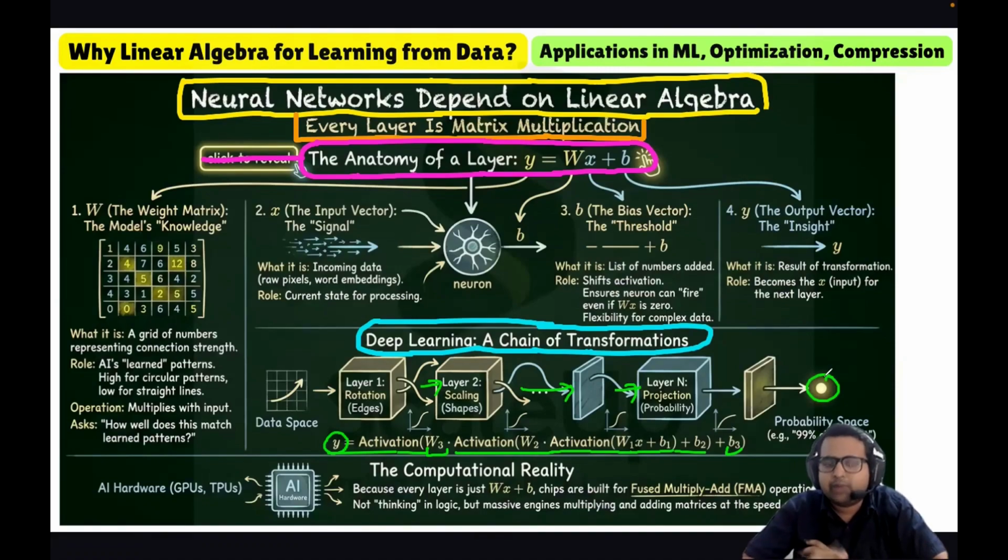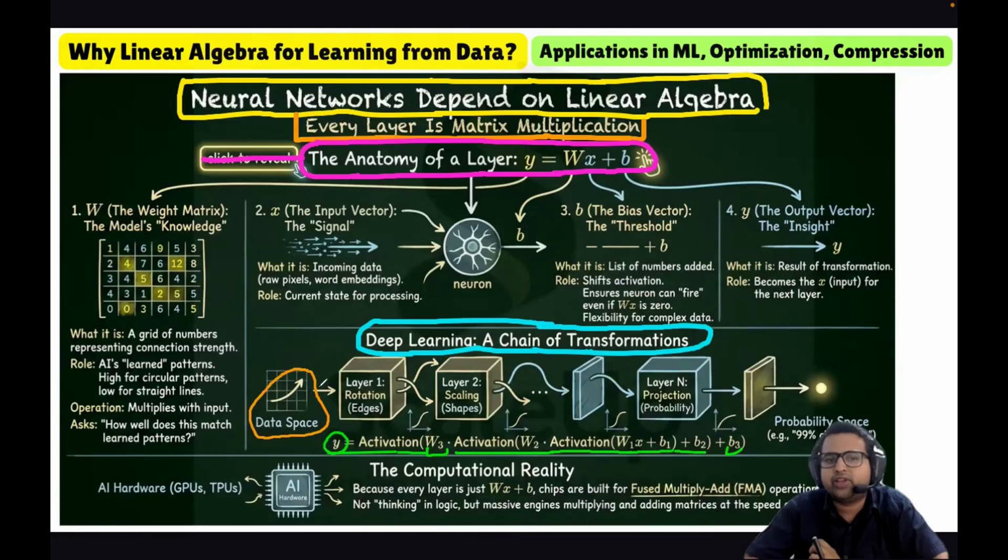Now in deep learning, each layer takes the space defined by the data and warps it. In every layer, it takes some data and applies some transformation to it. So this is the input, which I call the input vector.